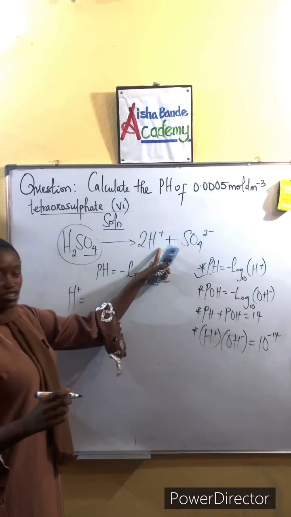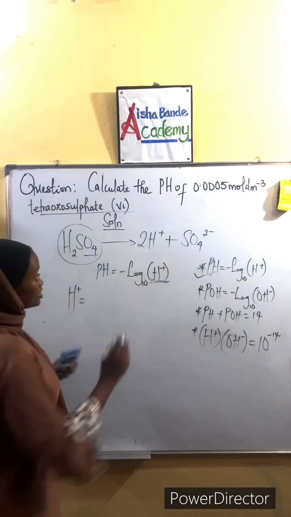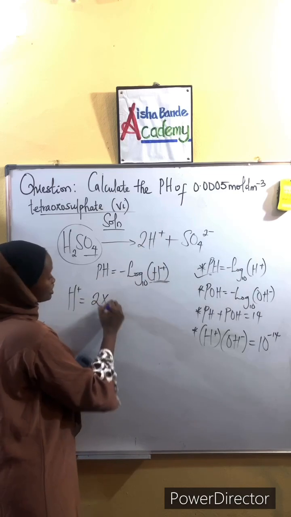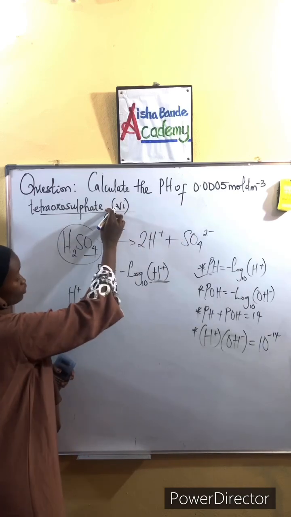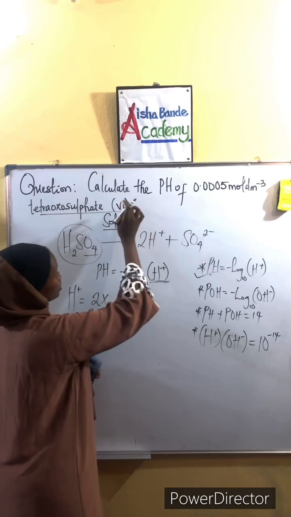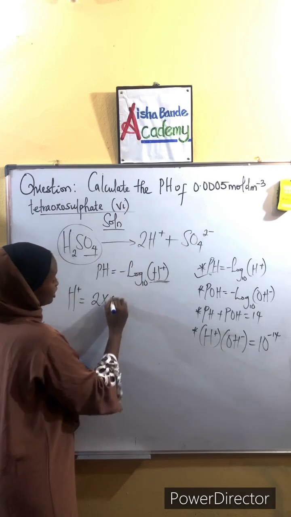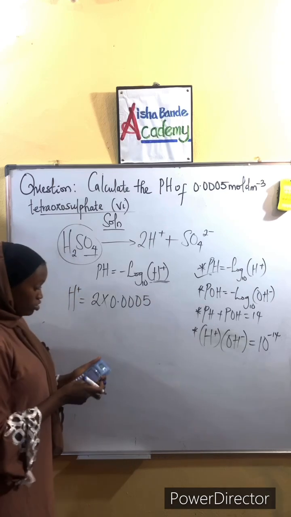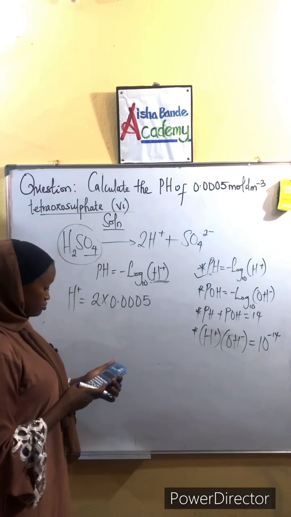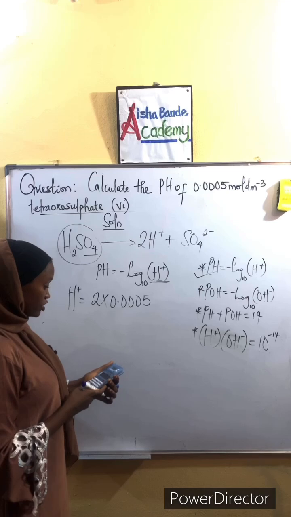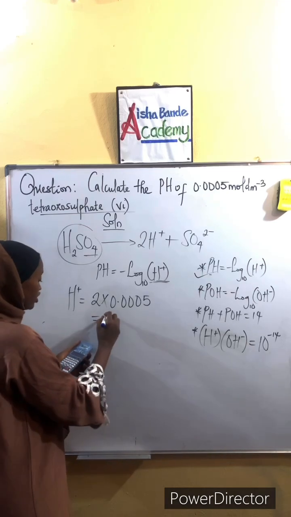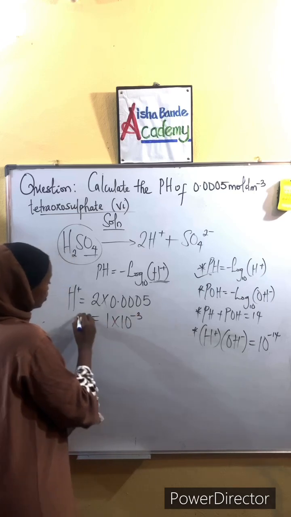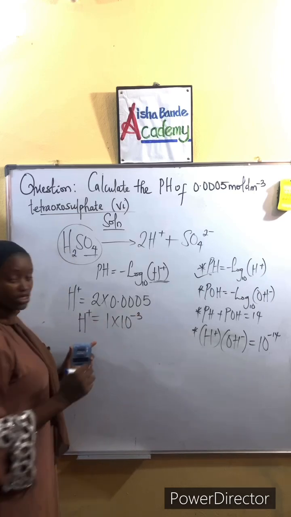Looking at the equation, we can see that hydrogen ion here has 2. So it is going to be 2 times the concentration of the acid, which has been given as 0.0005. Multiplying 2 times 0.0005 on the calculator gives us a value of 1 times 10 to the power of minus 3. This is the value for our hydrogen ion.